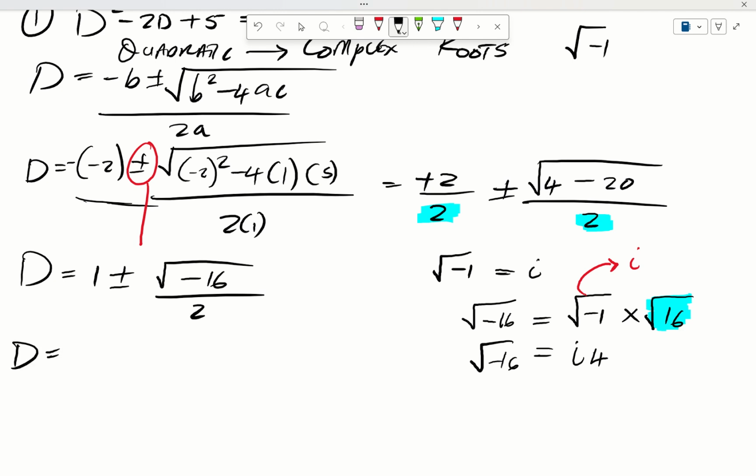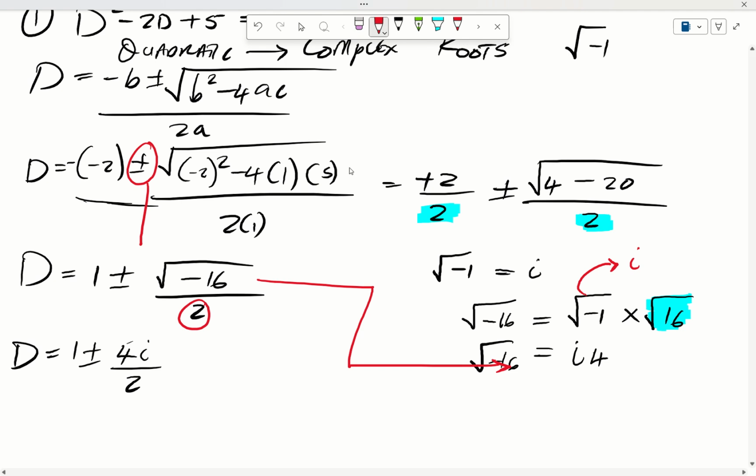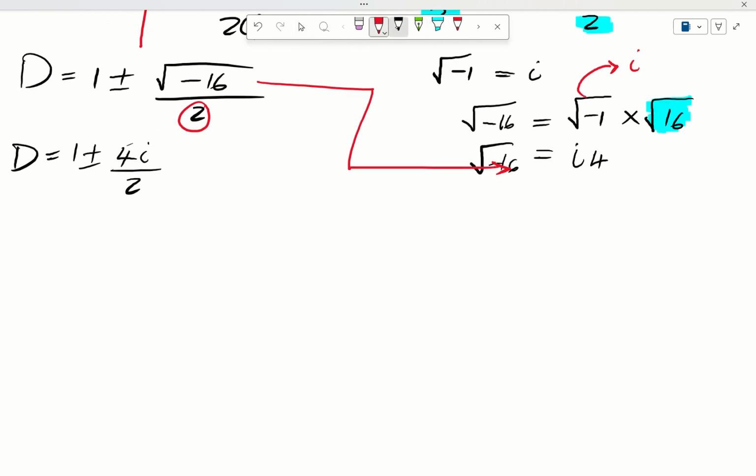So you'll have d is equals to 1 plus or minus 4i divided by 2. The 2 is coming from here. So basically I just substituted this back into the equation. So the final answer that you're going to have is d equals 1 plus or minus 2i. And this is your d.